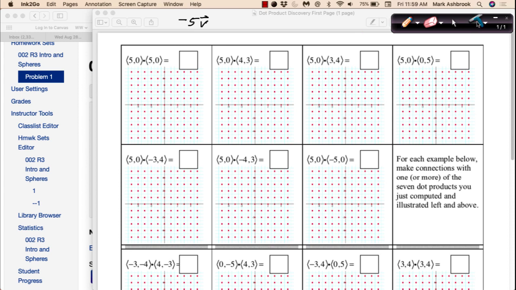Now what you started working on was another kind of multiplication, which is called the dot product. You multiply the corresponding components, and then you add. So 25, 20, 15, 0. Is that right? Negative 15, negative 20, negative 25.